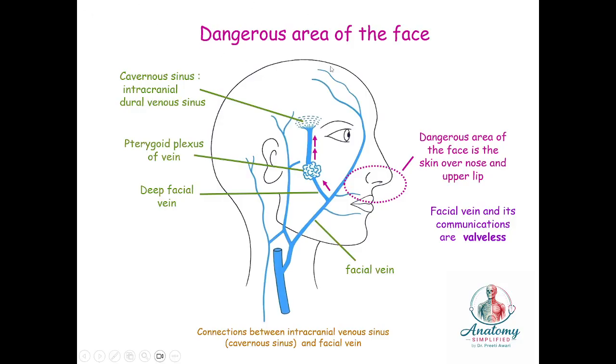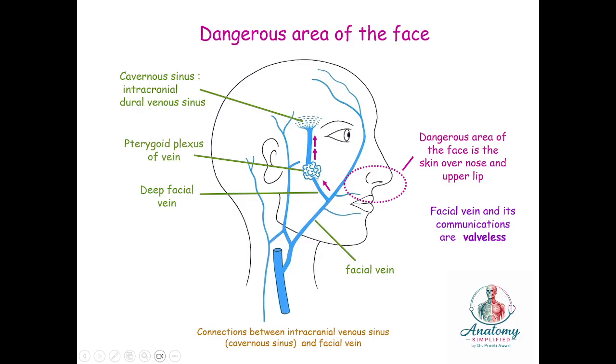Now, what is the dangerous area of the face? Let us try to understand. This is a picture trying to show the connections between the intracranial venous sinus called the cavernous sinus and the facial vein. In this picture, you can see a pterygoid plexus of veins is present in the infratemporal fossa, in the lateral pterygoid muscle. This pterygoid plexus of veins communicates with the facial vein through the deep facial vein.